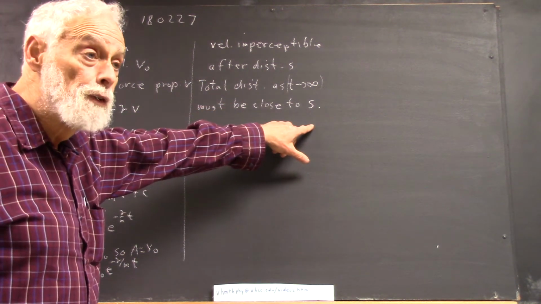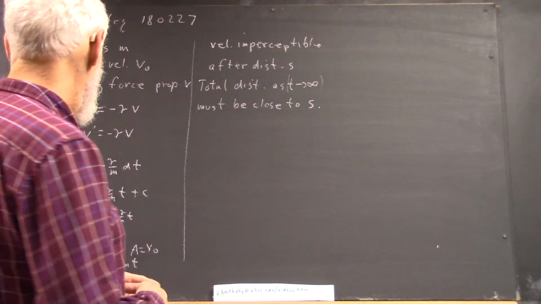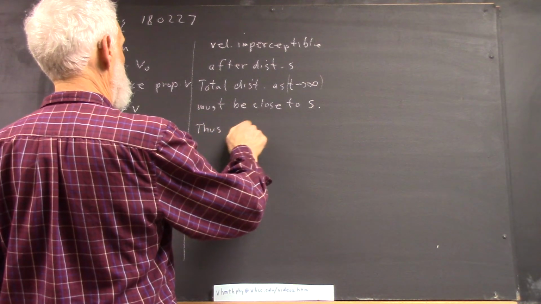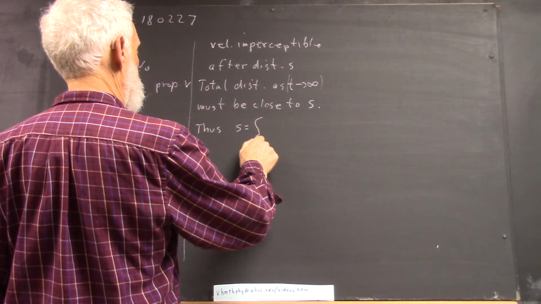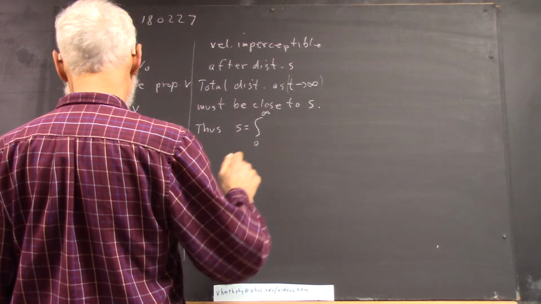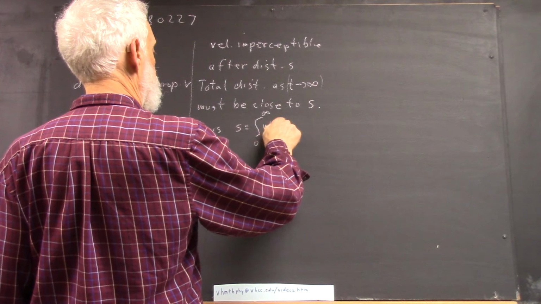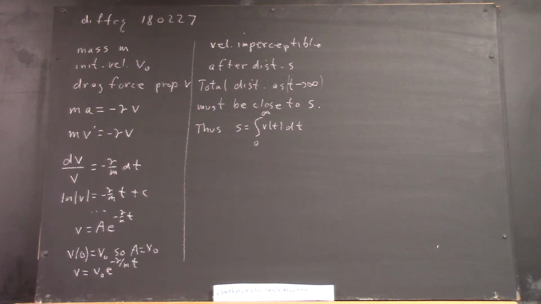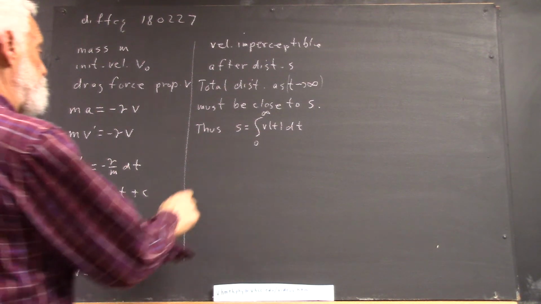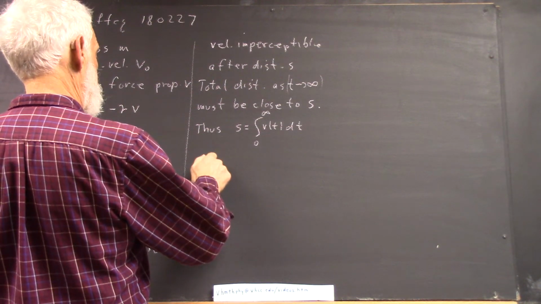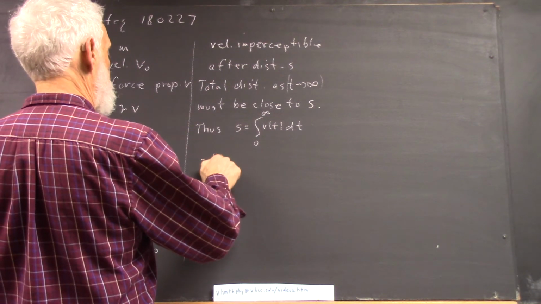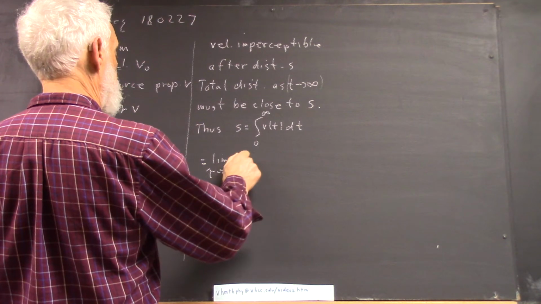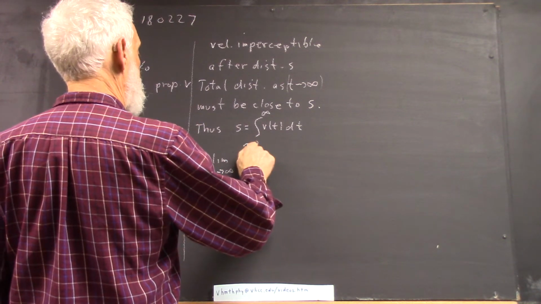It must be close to s. That means s is the integral from 0 to infinity of v of t dt. And of course, this is the limit as, say, tau goes to infinity of the integral from 0 to tau.